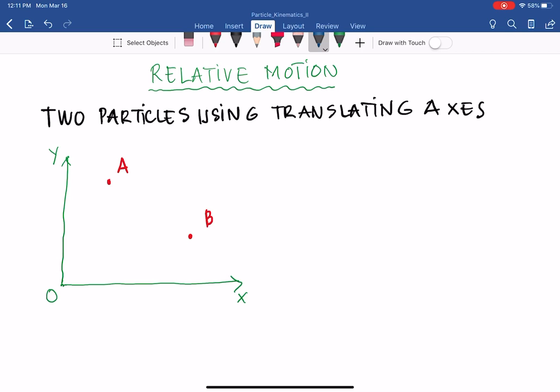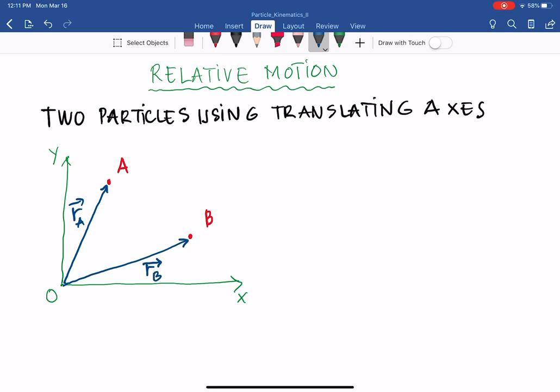So for point A with respect to O, we have position vector, let's call that RA. And then for particle B from O, we have position vector RB.